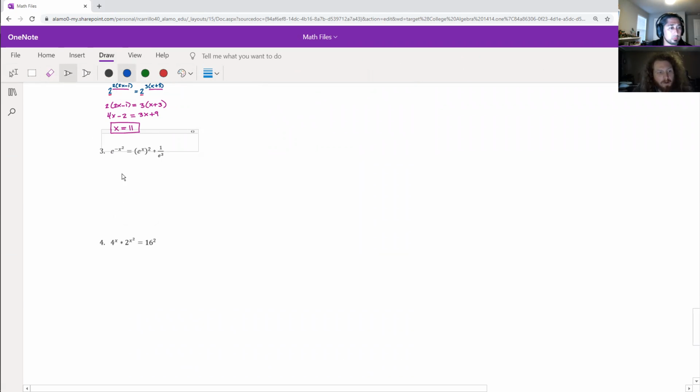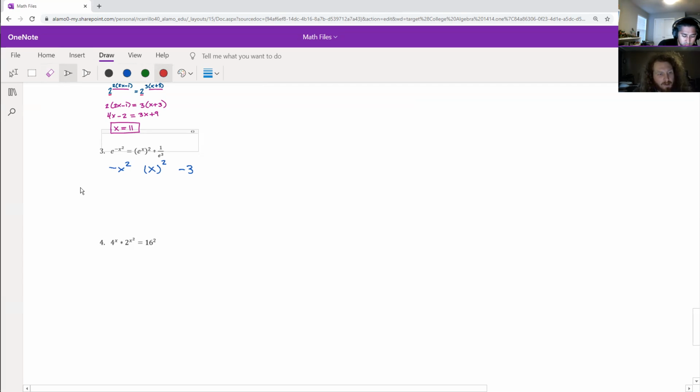All right. So we have negative x squared and then x squared over here, and we have e to the negative 3, so just negative 3. And this is what I am thinking about.